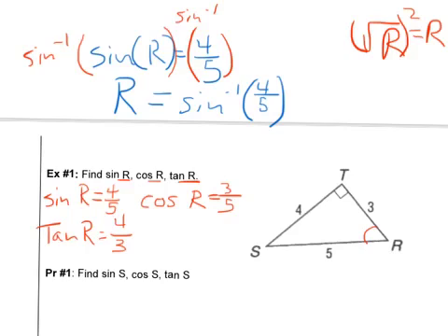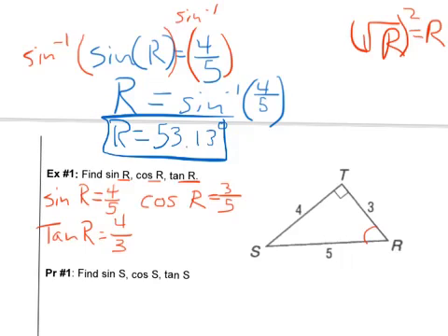Usually you'll press that button first, and then you'll put in that ratio that we have, which is 4/5. And just hit equals. And I got back that r is 53.13 degrees.